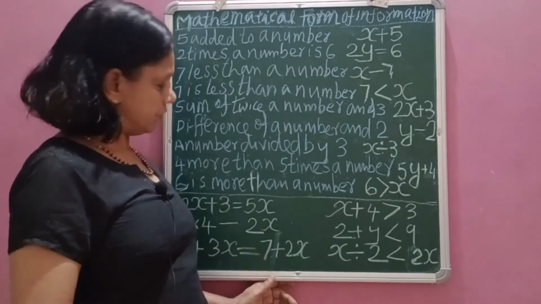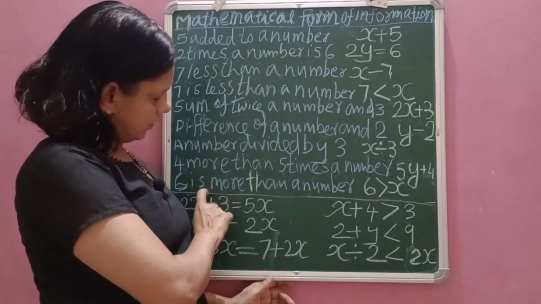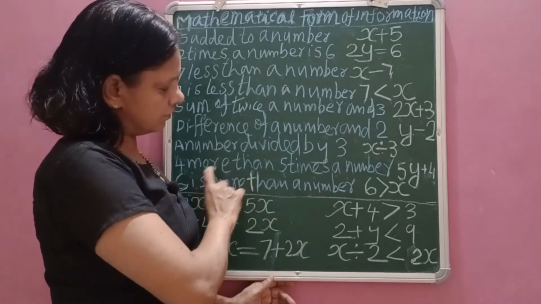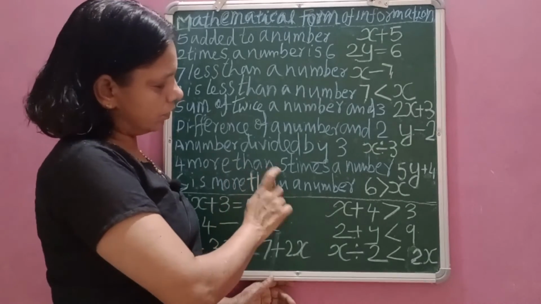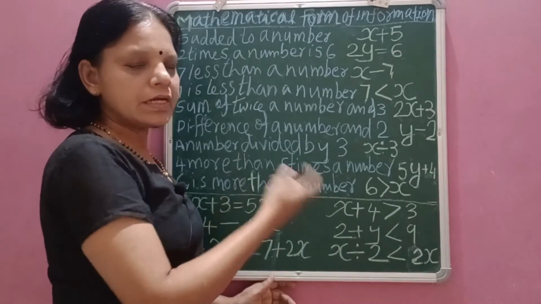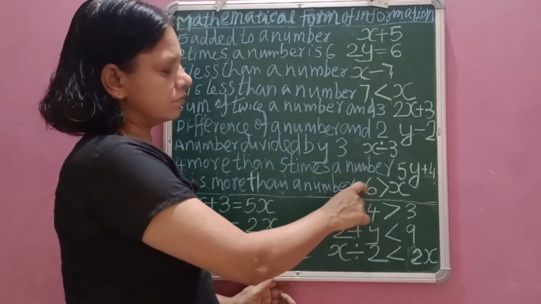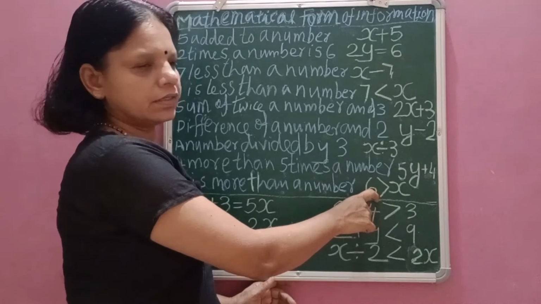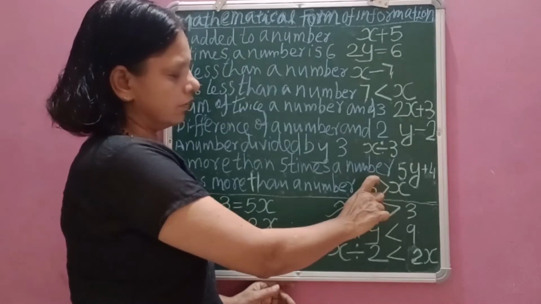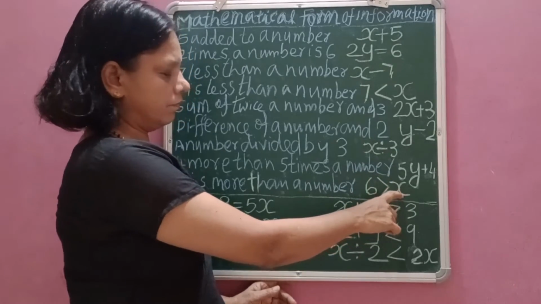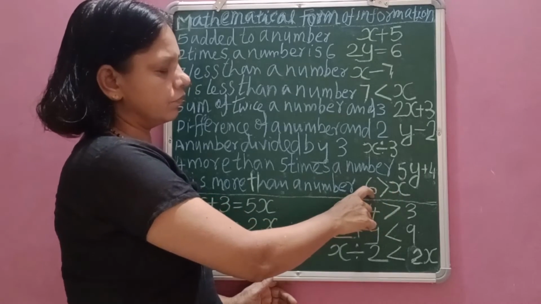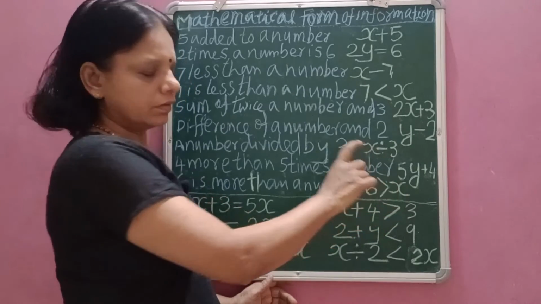It is an expression. Then 6 is more than, see the difference. 6 is more than a number. It becomes an inequation. 6 is greater than sign or more than sign a number. 6 is more than x.